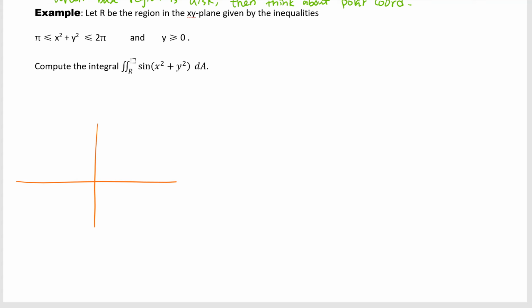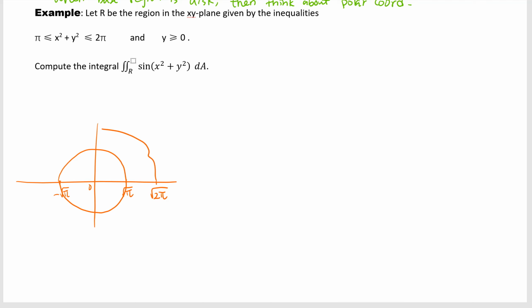Here it's like we have two circles. One circle is x squared plus y squared equals pi, so the radius is square root of pi. And then we have a bigger circle, x squared plus y squared equals 2 pi, and this is square root of 2 pi.